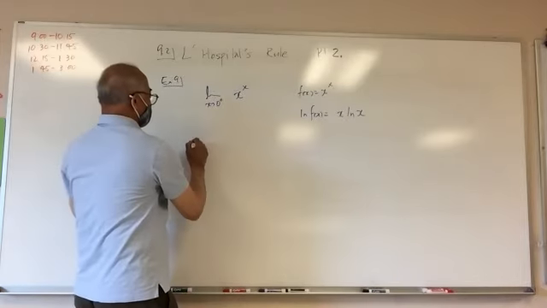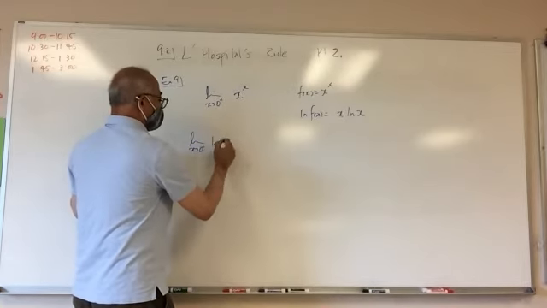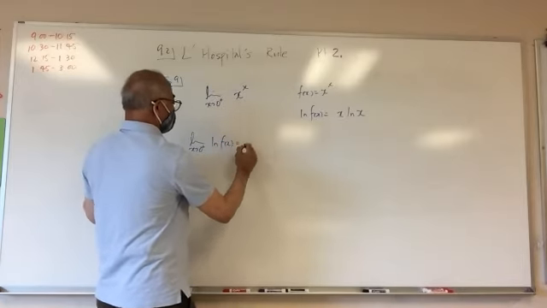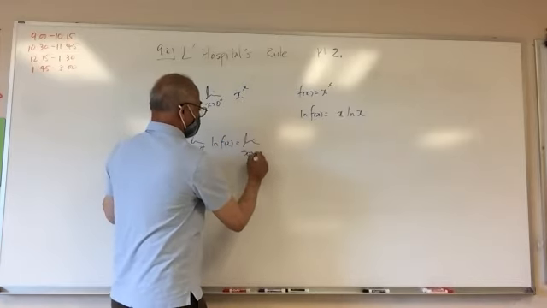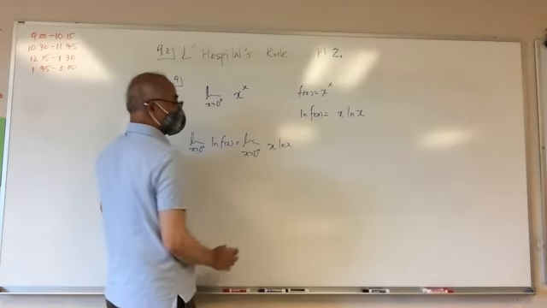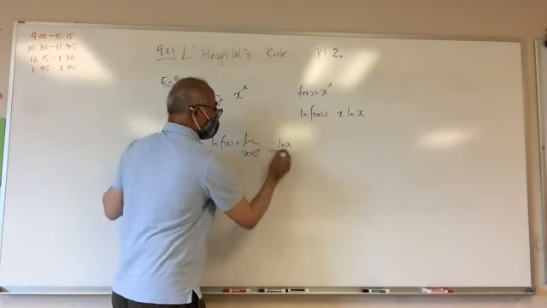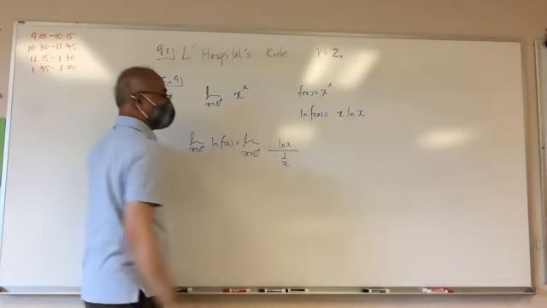So I'm going to try to find the limit of natural log of f of x, which is x natural log of x. Again, I'm going to go ahead and manipulate this and write it as natural log of x over 1 over x.